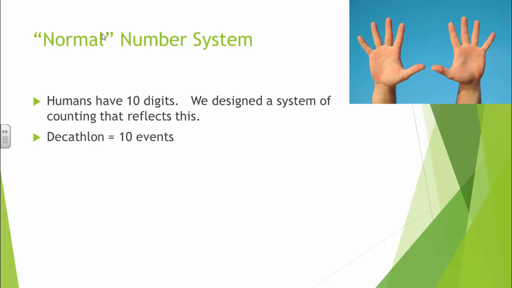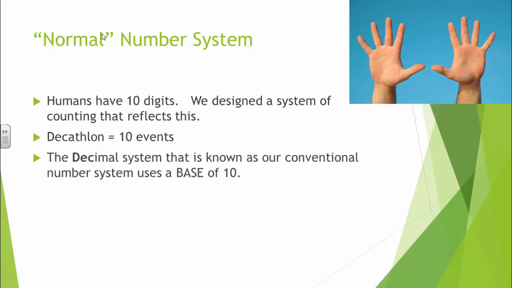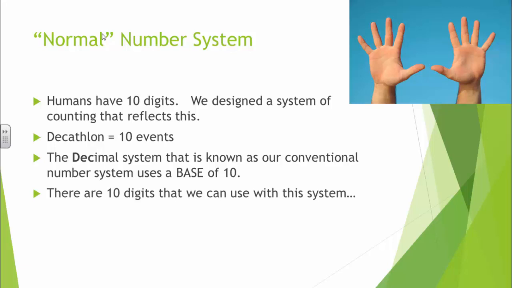So the decade, that prefix of deca that reflects 10 things, became the basis of so many things. The decimal system is our conventional number system, and it uses what we call a base of 10. And we designed 10 digits to reflect the number of fingers that we have.